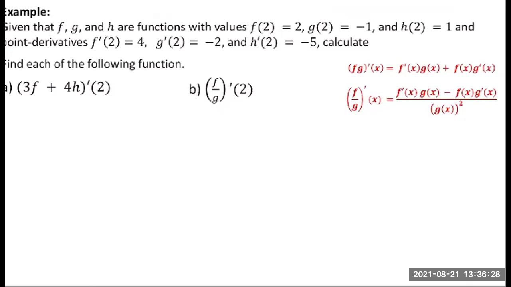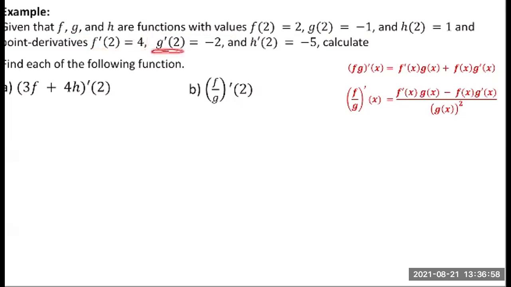Here is the example. This is a little bit different type of example. Let's go through this example. Given that f, g, and h are functions with values f of 2 is equal to 2, g of 2 is equal to minus 1, h of 2 is equal to 1, and derivatives, f prime of 2 is equal to 4. f prime of 2 means the derivative of f at x equal to 2 is equal to 4.